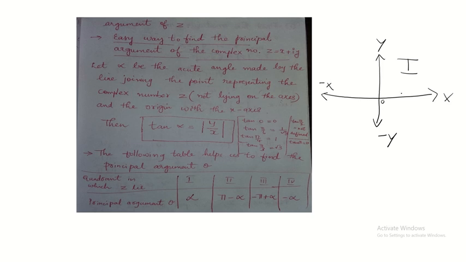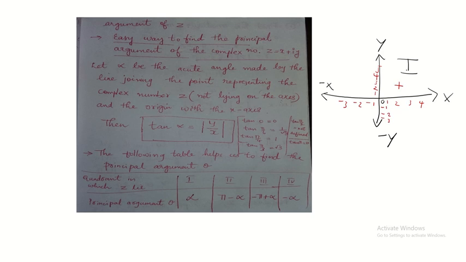Here x is positive, this region 1, 2, 3, 4, etc., and negative is -1, -2, -3, etc. And above, the y-axis is always positive 1, 2, 3, 4, 5, etc., and below it is -1, -2, -3, etc.